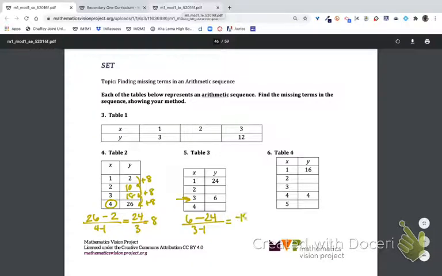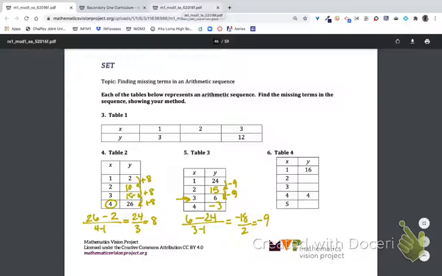So that would be negative 18 over 2, which gets us negative 9. So I should be able to take 9 and subtract it from 24 and get 15. 15 minus 9 is 6. 6 minus 9 is negative 3.